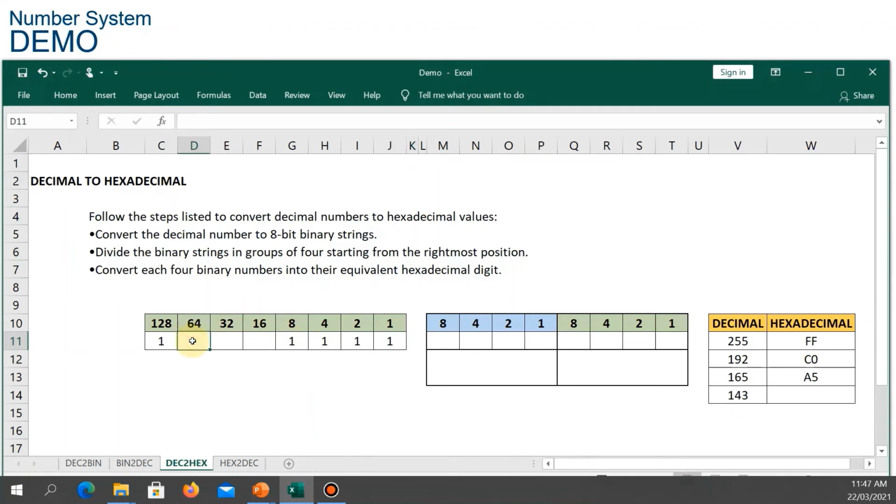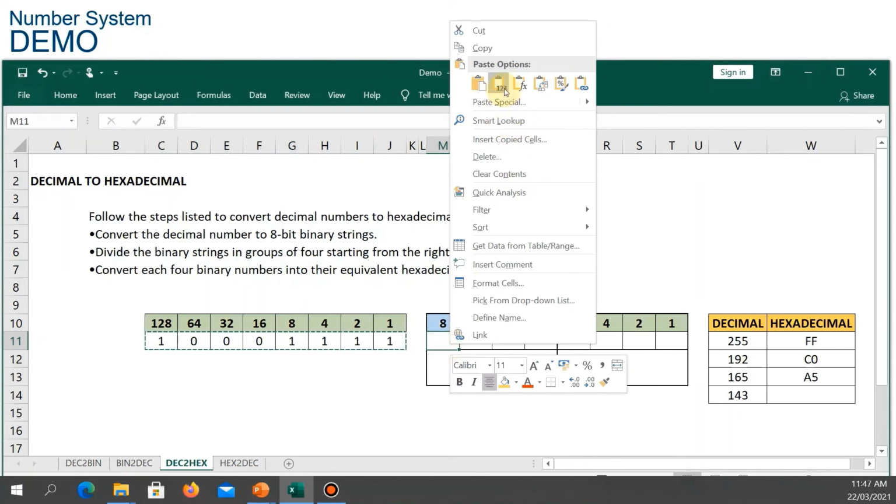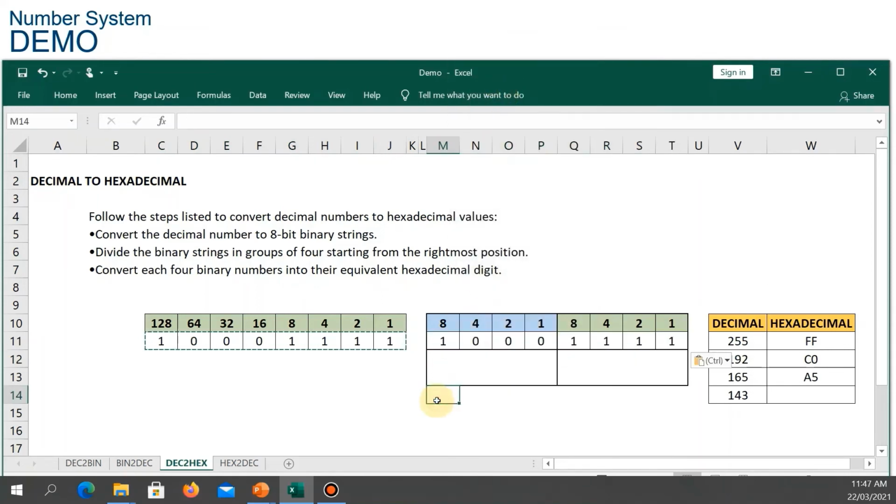So therefore, these are zeros here. 143 is equal to 1000 1111. Again, we need to group it into 4 bits each, so you've got two groups there.